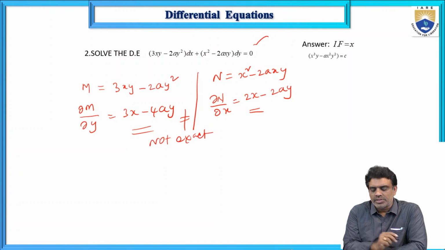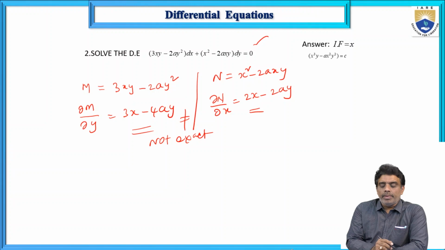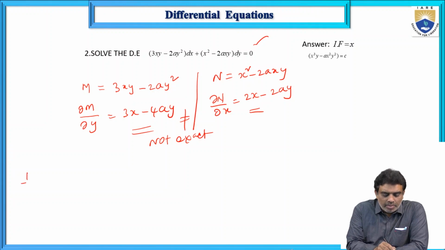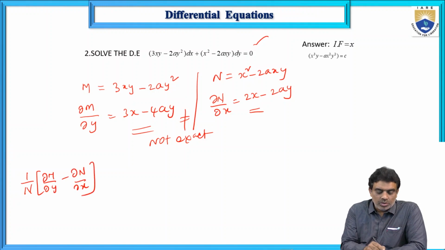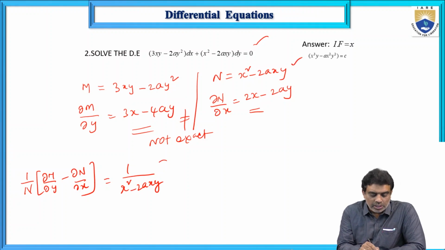Not an exact equation. Now I am going to check the value of 1/N times (∂M/∂y − ∂N/∂x). So that is 1/N. Here what is the N value? x² − 2axy. This is the N value. Into what is ∂M/∂y?